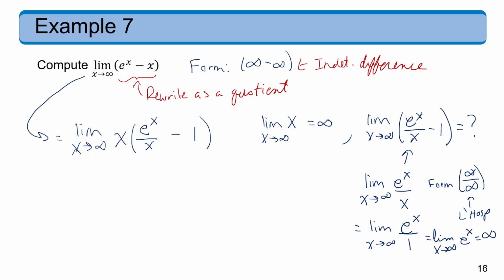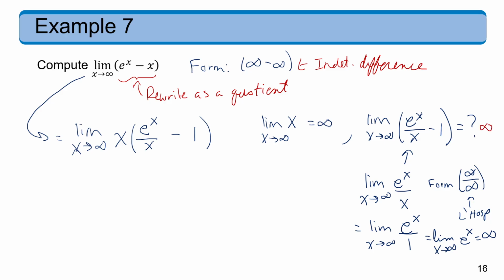So now let's piece things together. We just determined this limit is infinity. So what's the limit of this whole thing? Infinity minus 1 is still infinity, right? So our answer here is this limit is infinity.